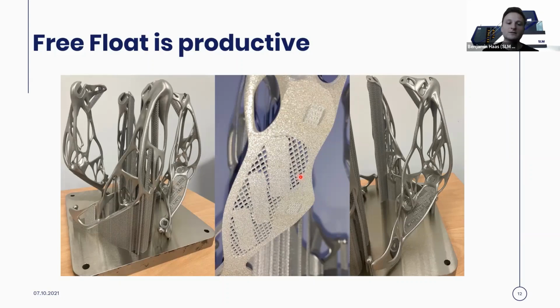Of course, we also have customers that really want a perfect surface roughness, and we cannot achieve that with a process that involves metal powder particles, because there's a physical limitation in reaching a certain surface roughness. So a post-processing step is definitely mandatory there. The good news though is that if the surface is rougher than you need it to be, you can take the part off the platform from FreeFloat and go directly into post-processing without having to remove those supports beforehand.